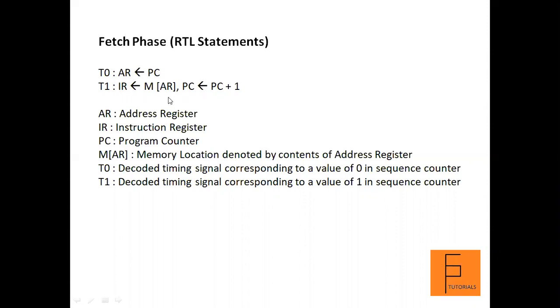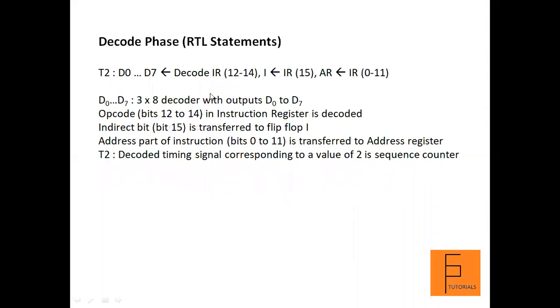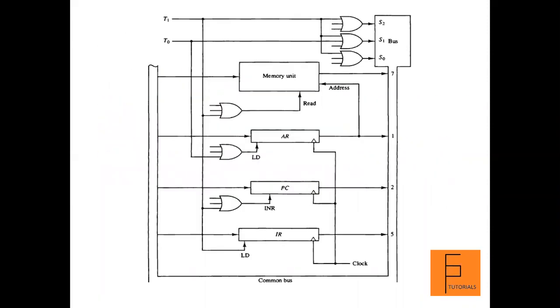And if you remember, we have already placed the content of the program counter in the address register. Now this M of AR refers to the memory location denoted by the value of AR. So how do you do that? You have to first enable the read input of the memory. That is the first thing that you need to do.